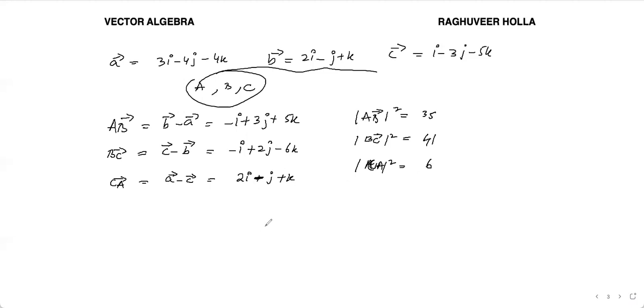Now AB whole square plus CA whole square is equal to 35 plus 6, which is 41. This is BC whole square. So ABC is a right angle triangle.